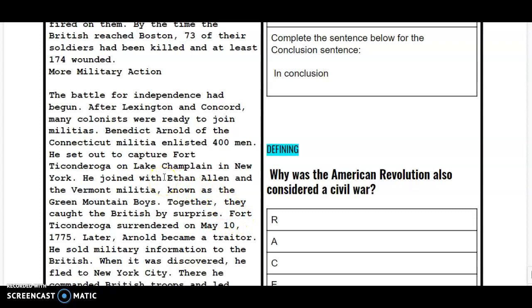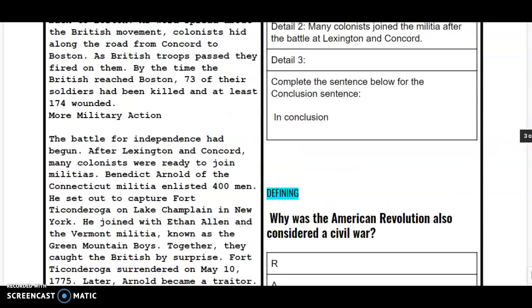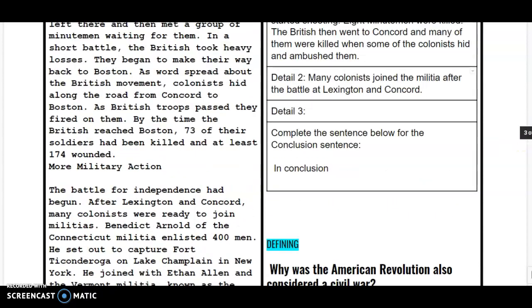It was Ethan Allen and the Vermont militia, or the Green Mountain Boys. So Ethan Allen and the Green Mountain Boys caught the British by surprise and beat the British there, and the British surrendered.